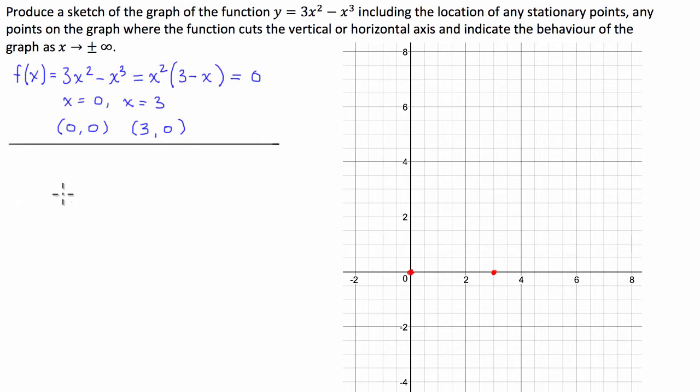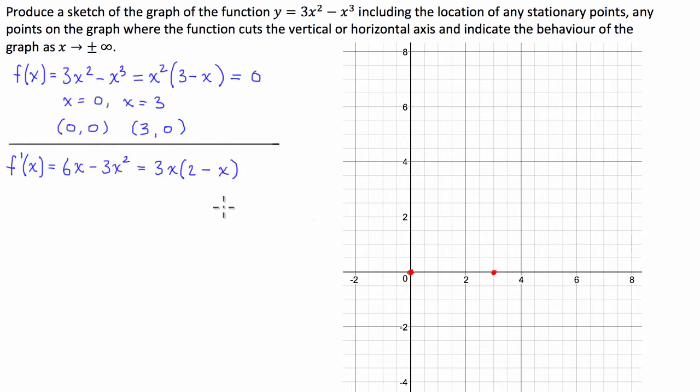So we're going to find the differential, f dash of x, and this is equal to 6x minus 3x squared, which, if we're trying to find where this is equal to 0, we want to factorize it. So we're going to have 3x outside of 2 minus x.